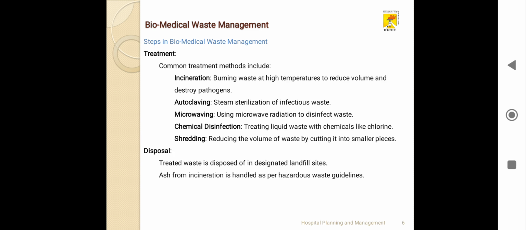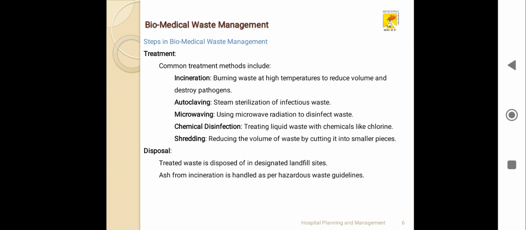Next, treatment. Common treatment methods include incineration, which is burning waste at high temperature to reduce volume and destroy pathogens. Autoclaving is steam sterilization of infectious waste. Microwaving uses microwave radiation to disinfect waste.